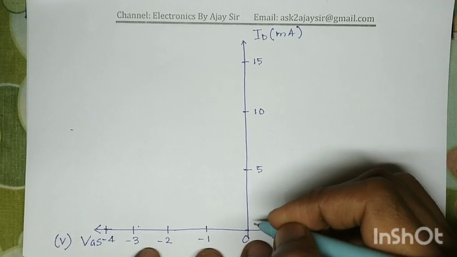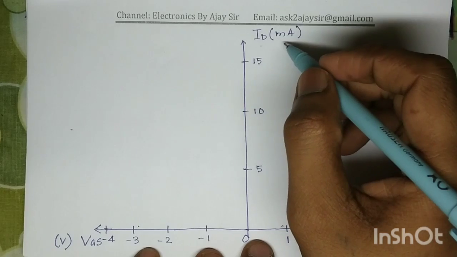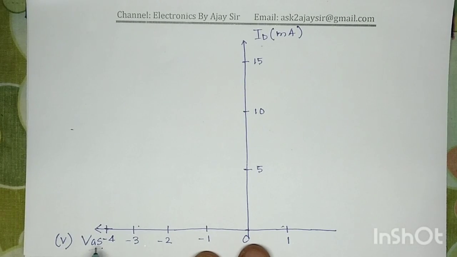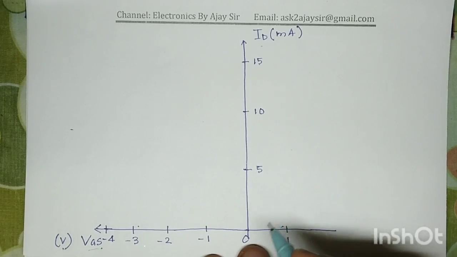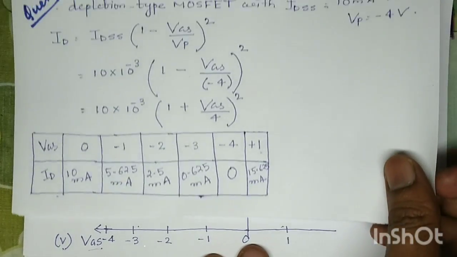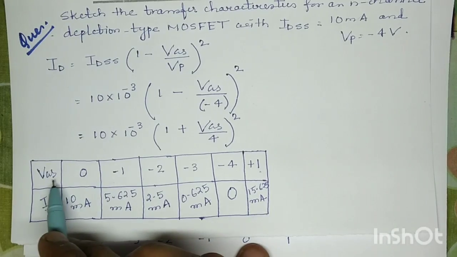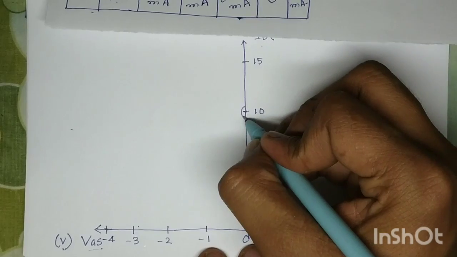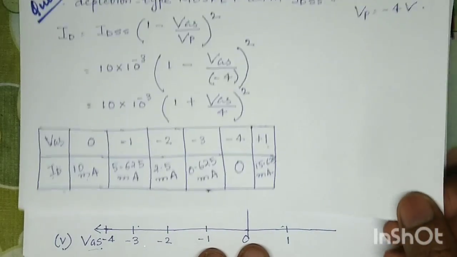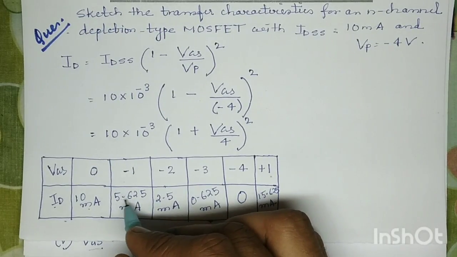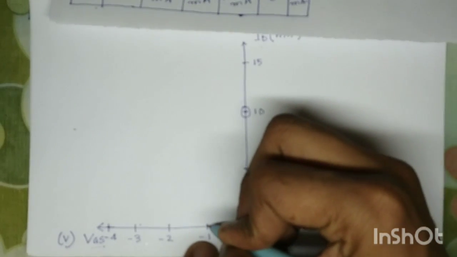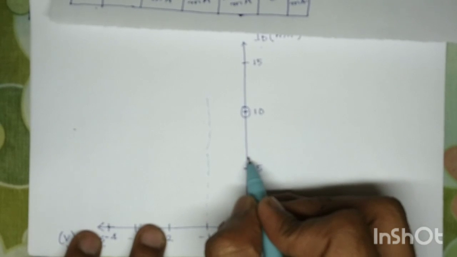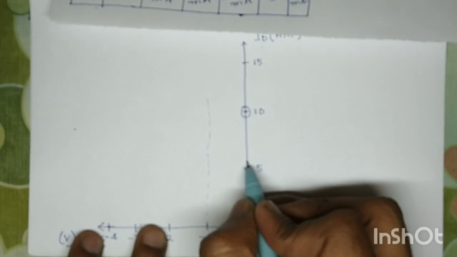So here on the y-axis I have taken ID, the unit mentioned here is milliampere. On the x-axis it is VGS, the unit mentioned here is volt. So when VGS equals 0, ID is 10 milliampere, representing this point. When VGS equals -1, it is 5.625, somewhere around this point.